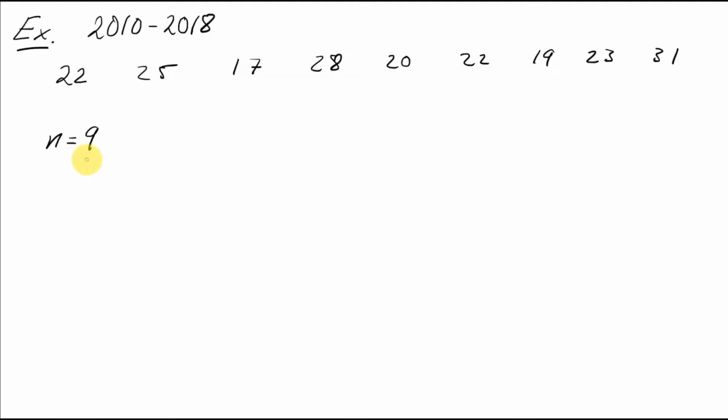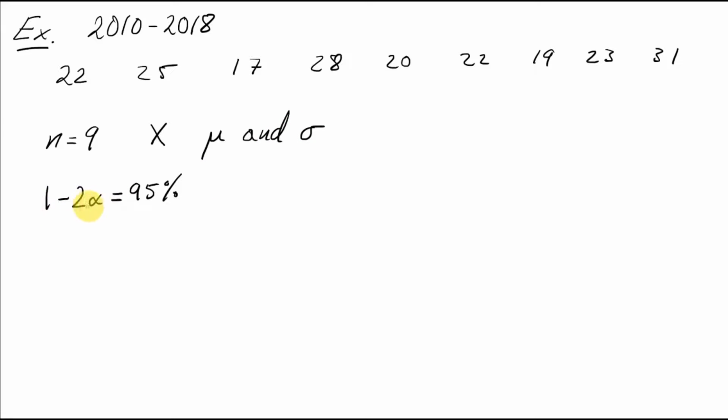Assume that in the years 2010 to 2018, the number of lightning strikes on the Empire State Building yearly was given by the following dataset. So in 2010 there were 22 lightning strikes, and in 2018 there were 31 lightning strikes that year. Assume that these 9 observations are of a random variable x with an unknown expectation value and standard deviation.